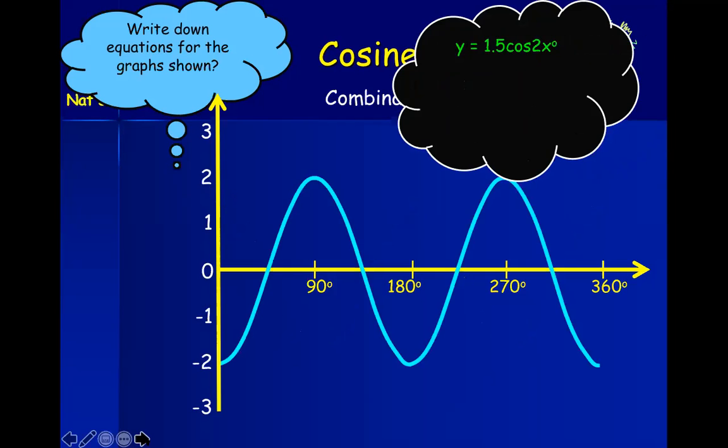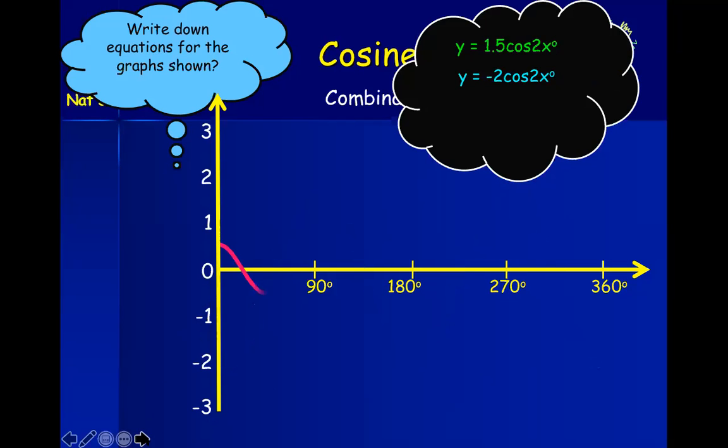What about this one? -2 cos 2. So let's see, I've got 1 and 2. -2 cos 2x, because we've got 2 periods. I'm getting the hang of it. Let's try another one.